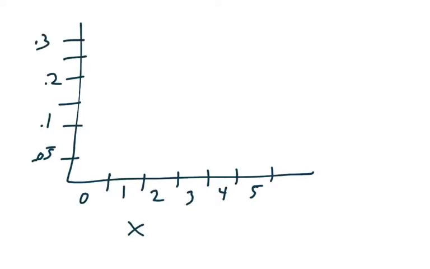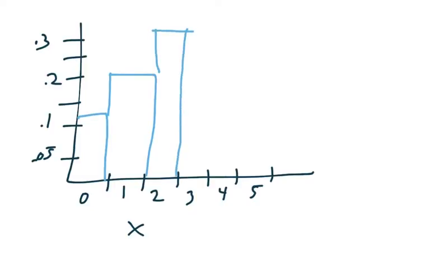And so for 0, I got 0.12. It's probably easier for you to do on the grid. For 1, I got 0.2. For 2, I got 0.31. For 3, I got 0.14.